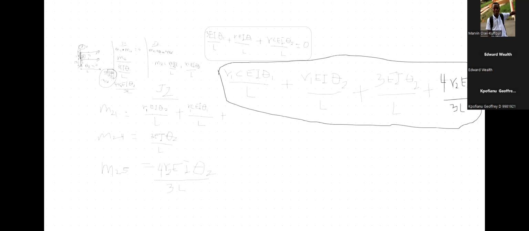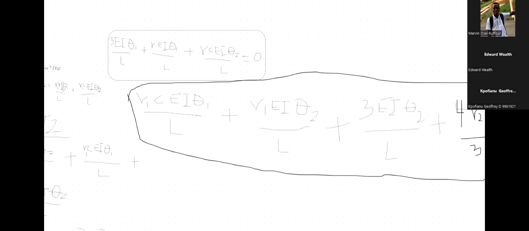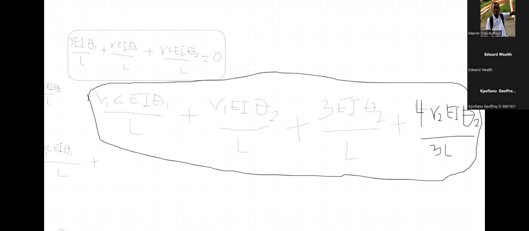Theta 2 over 3. So this is what you are having here. Plus 4R2 EI theta 2 over 3L.